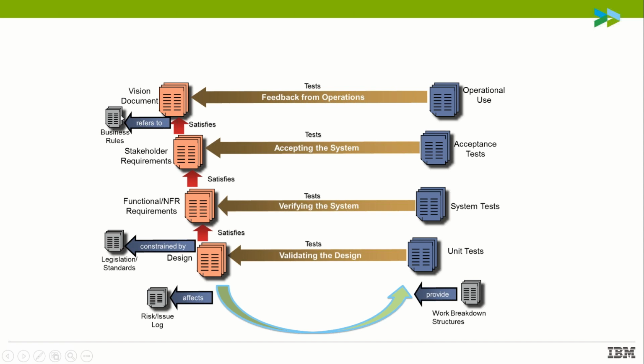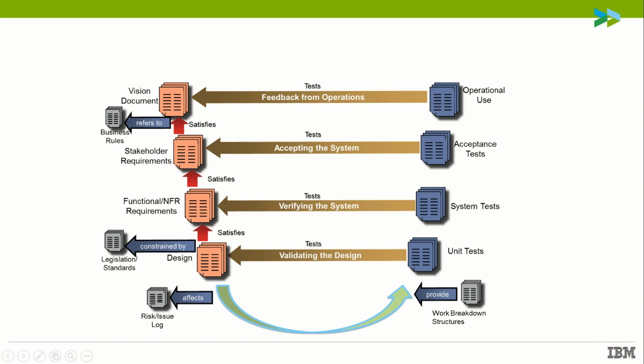Separately to all of this, we may have things like high-level business rules which we're linking out to, or perhaps external legislation or standards that we're constrained by, things like risk and issue logs, or possibly even work breakdown structures that we're going to want to develop this project.